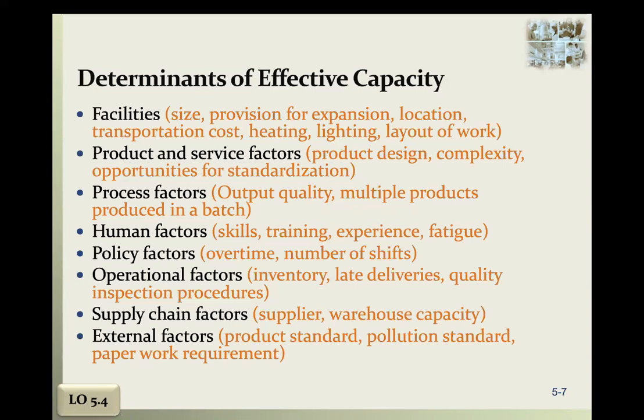Then human factor, like skills of employees, training, experience, and fatigue. So all these factors contribute to skills. So for instance, if people are very skilled, they are trained, they have experience, they are not tired, then capacity would be high. But on the other hand, if employees lack skill, are not trained, don't have sufficient experience, or are working overtime and have fatigue, then capacity would be low, because they would be making mistakes.